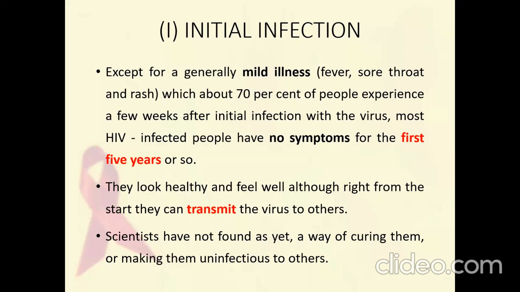They look healthy, feel well, and from the start of initial infection, they can transmit the virus to others, even though they do not know that they are infected. So they can transmit the virus.